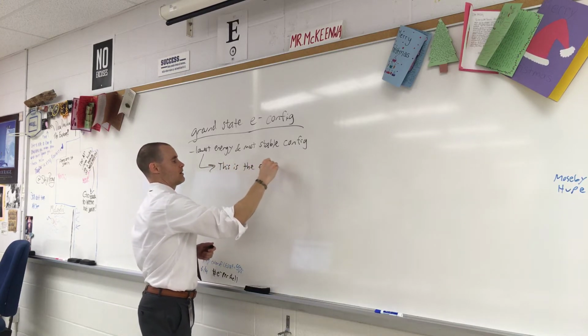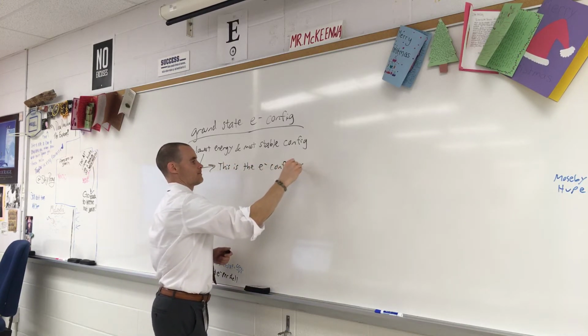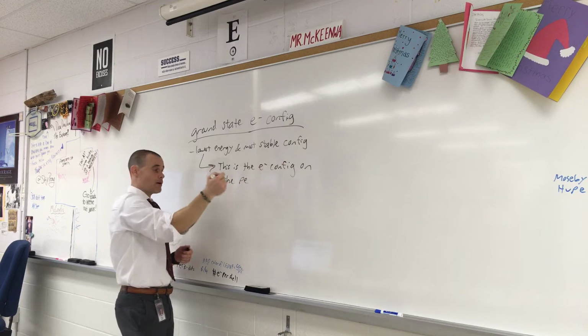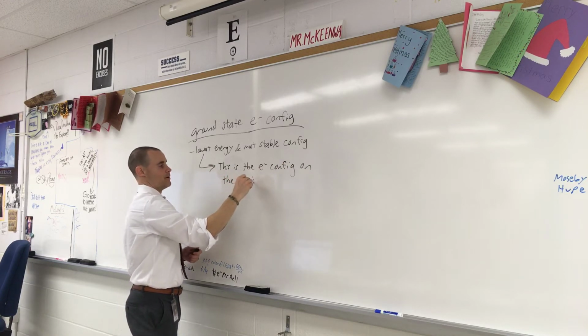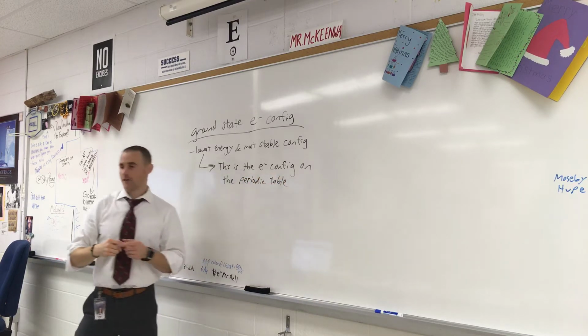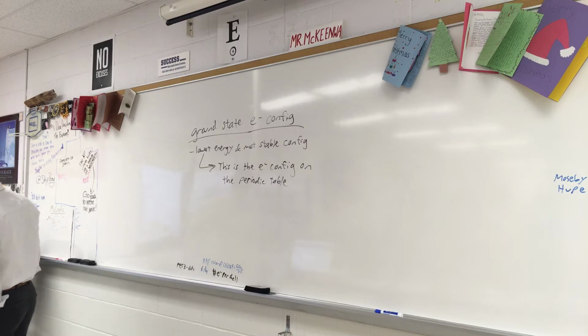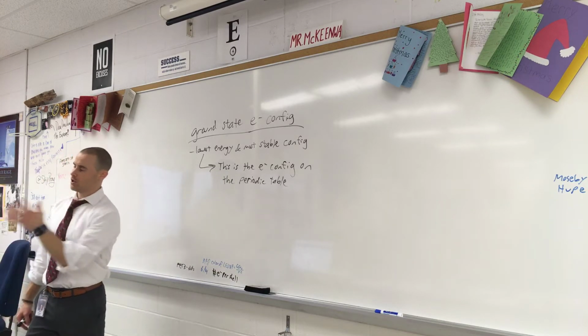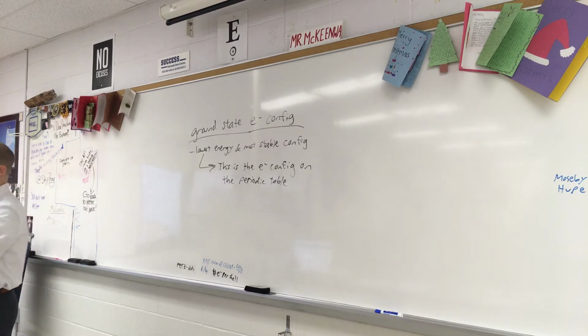the electron configuration on the periodic table, or maybe I should say in your periodic table. So if I was to ask Veronica, what is the ground state configuration for sodium, she would look it up and say 2, 8, 1.